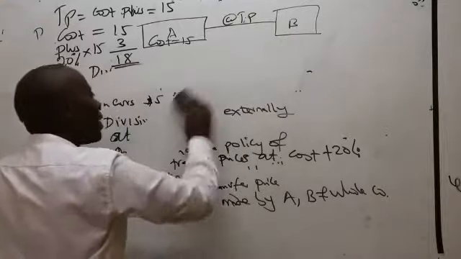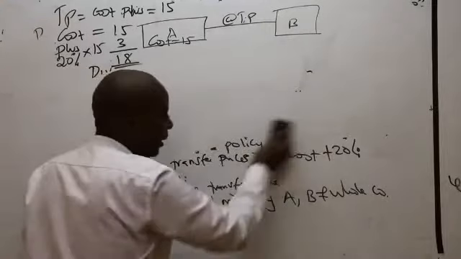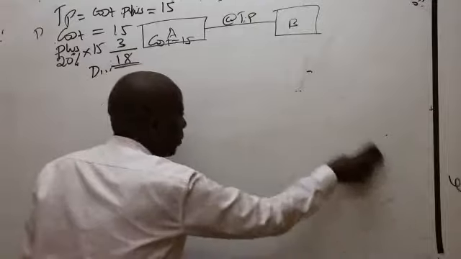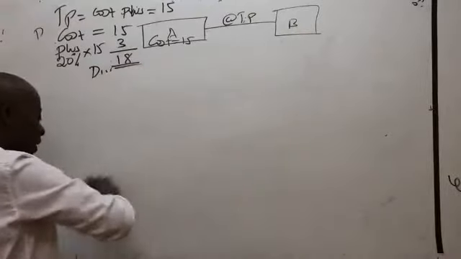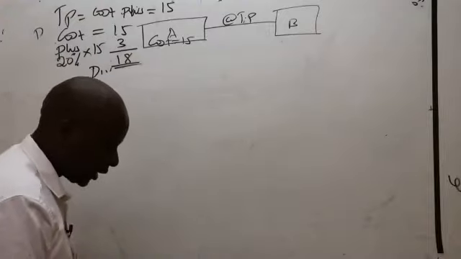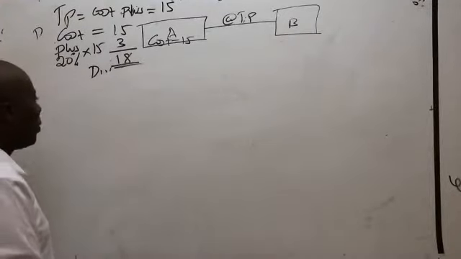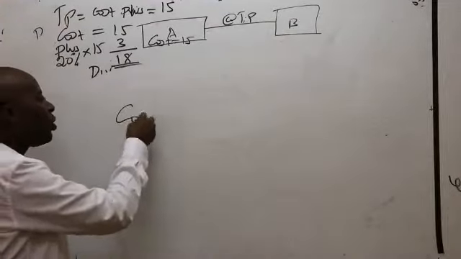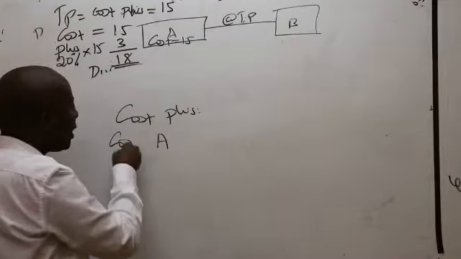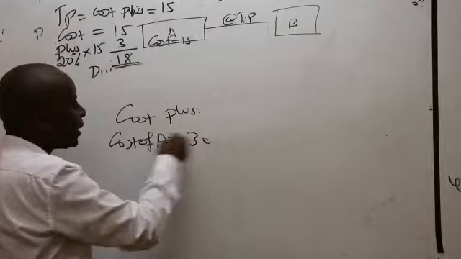But if you look at your past papers, normally you will have bad examiners, whose thoughts are hell-bent. They want to take you to hell in terms of your exam outcomes. What they will do, they'll tell you this cost plus, and then they'll tell you the cost of A is 30.